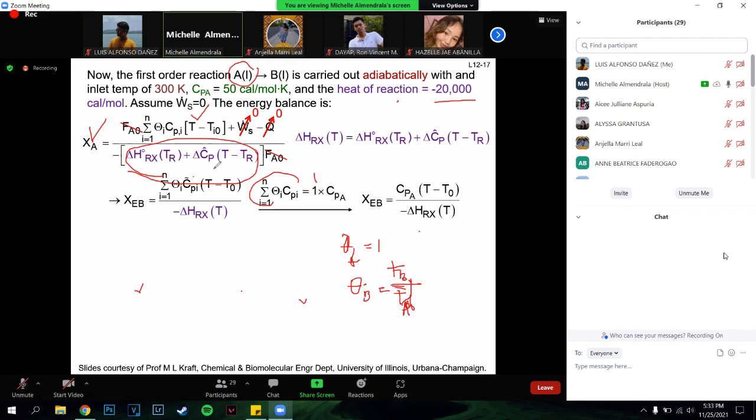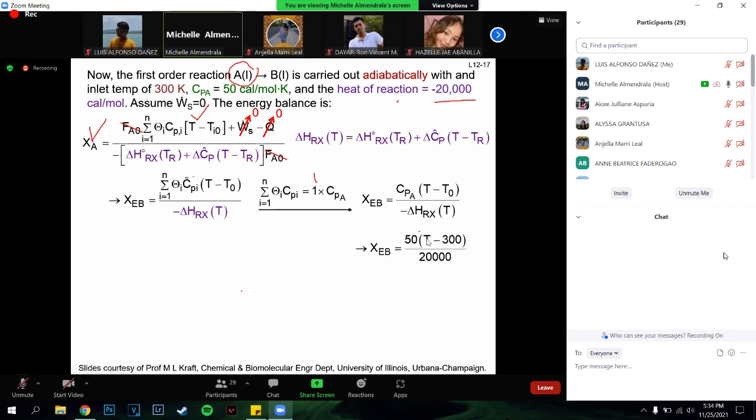Since you already know that pi, T minus T sub O, the T is still unknown, T0 is known, which is 300 Kelvin. Delta H reaction is known. So this is a very simple one. Everything is given, so finding your TX relationship will just be this one.